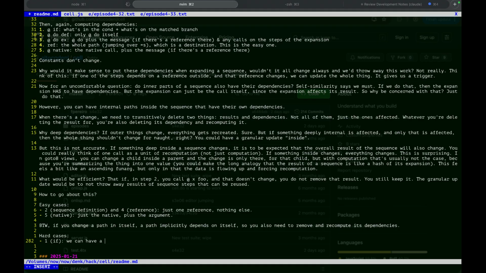We can have a sequence in one of the branches. Also, potentially, we could even have a sequence in the condition. Why not?